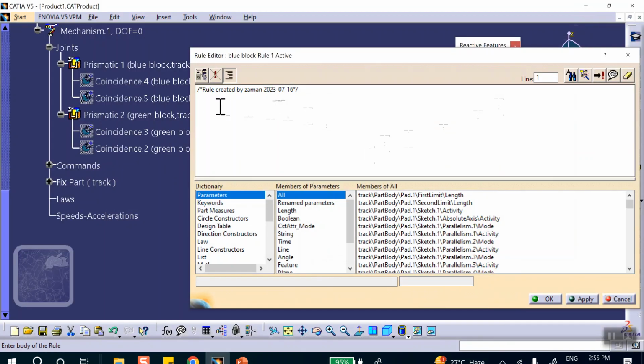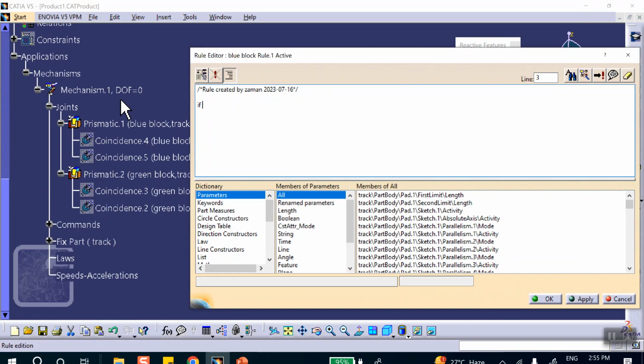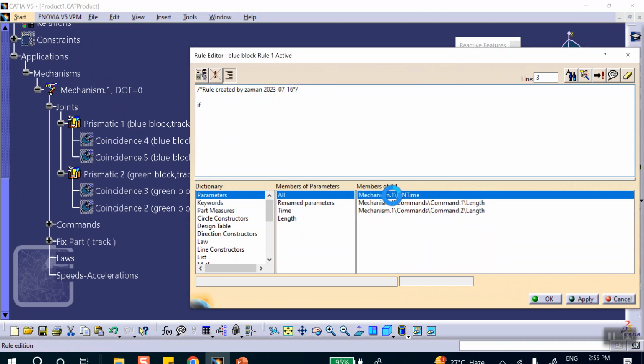So we go here, we say if time. Now you get the time information or the parameter associated with the mechanism. You click on this thing, here is the time. If the time is less than 3 seconds, hit enter. And which one do I want here? Command 1.